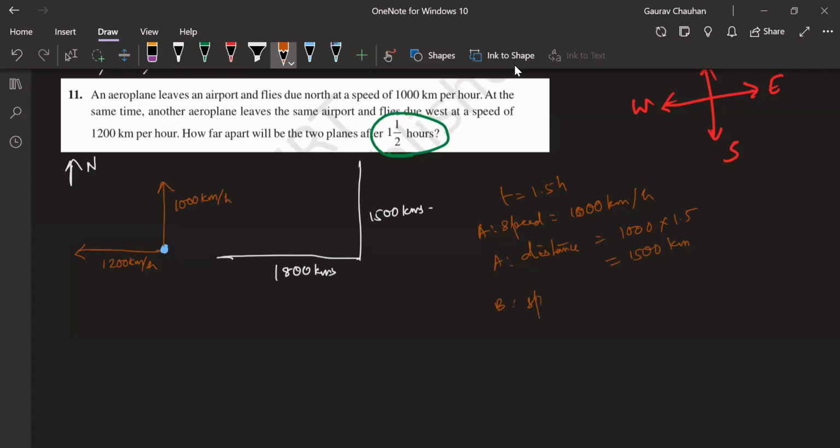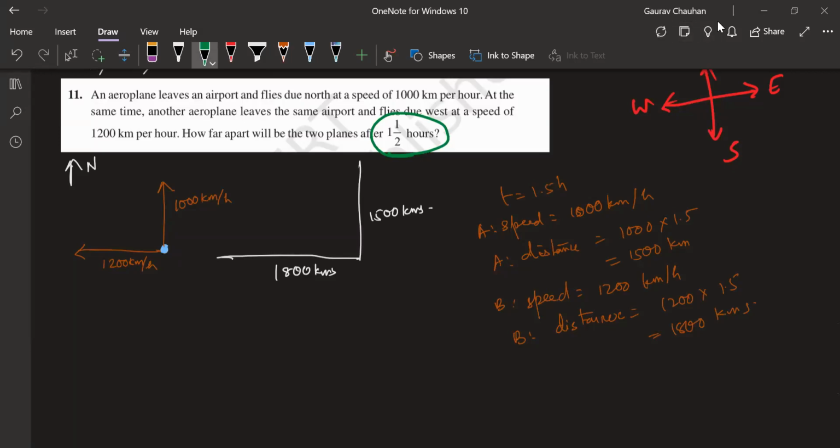Plane B speed is equal to 1200 kilometers per hour, so distance of plane B is equal to 1200 into 1.5, which is equal to 1800 kilometers. So the first plane has traveled 1500 kilometers, the second plane has traveled 1800 kilometers.